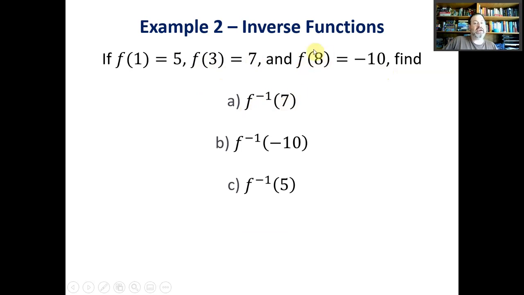And if f of 8 is -10, then f inverse of -10 is 8. And of course, f inverse of 5 is 1. Really easy stuff, but the reason I'm going over this is because we need this to do a calculus proof later, and I've got to make sure you guys understand it.